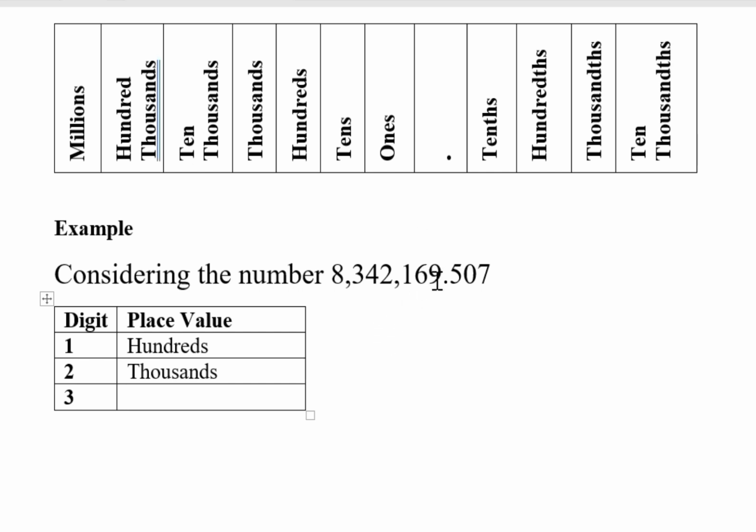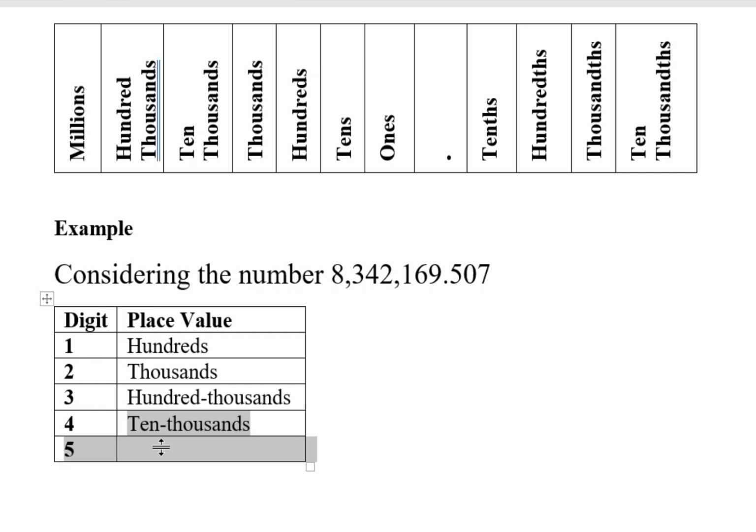This takes a place value of ones, tens, hundreds, thousands, 10,000s, 100,000s. So this 3 has a place value of 100,000s. The next one is 4. The place value of 4 is ones, tens, hundreds, thousands, 10,000s. So 4 takes a place value of 10,000s.